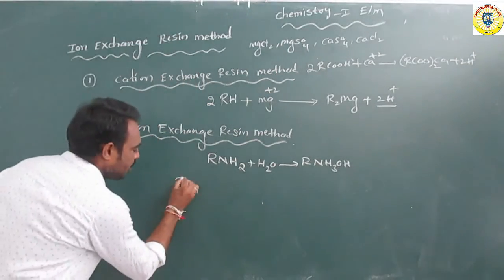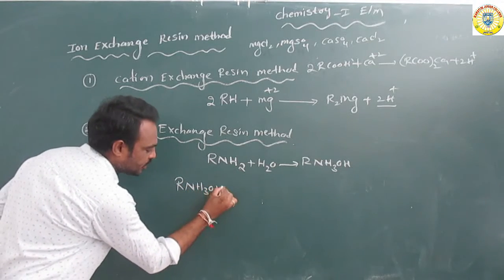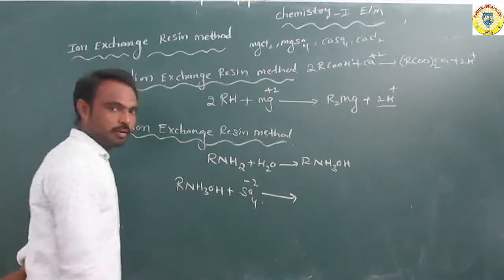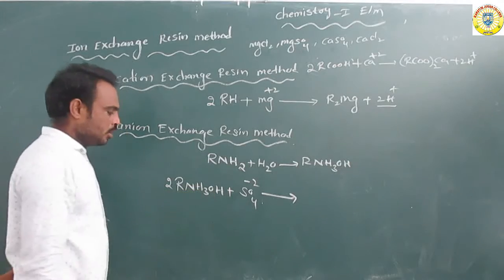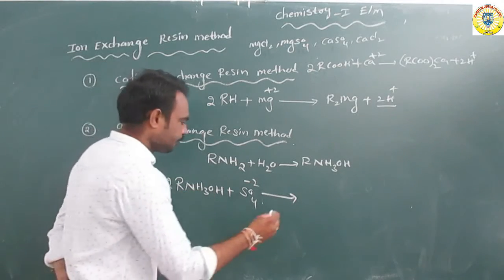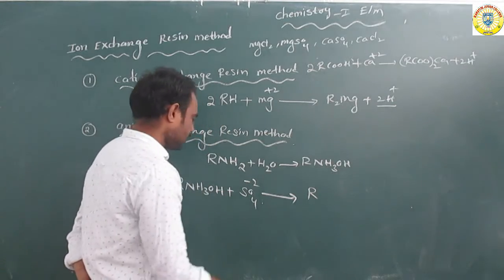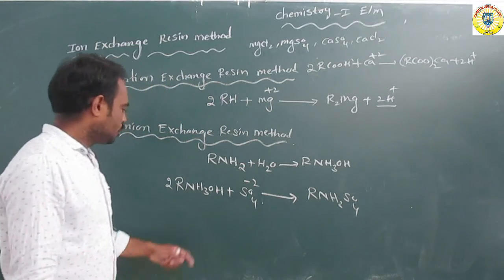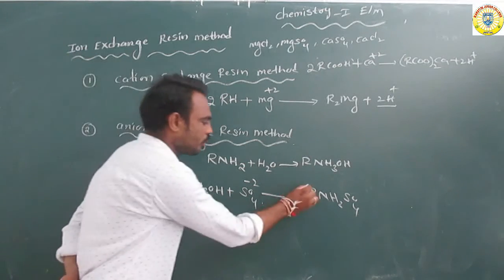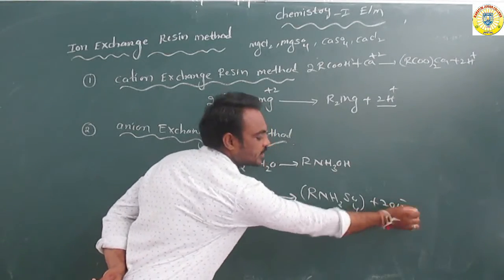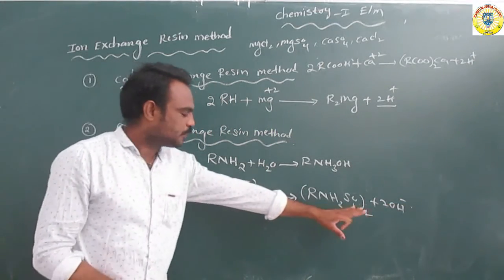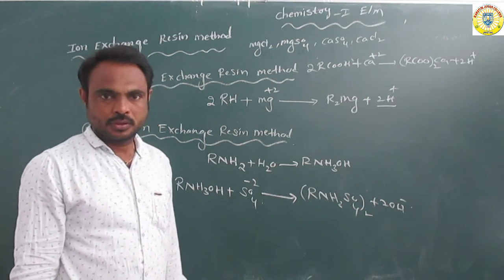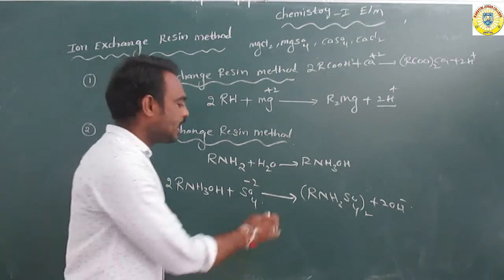So when RNH3OH exchanges the SO4 2- ion, it forms (RNH3)2SO4 plus 2OH-. So overall in this process it releases hydroxide ions.